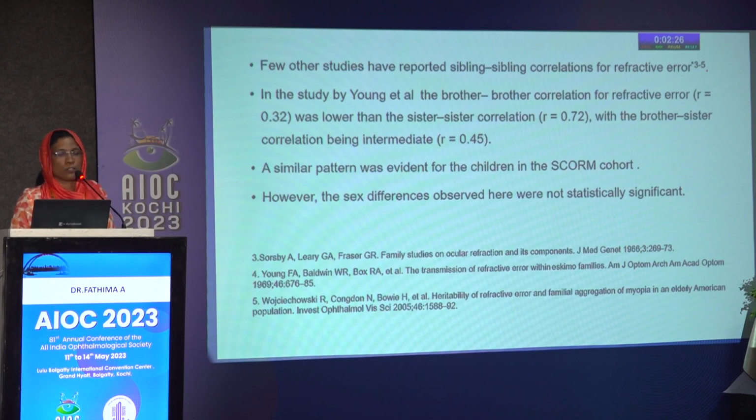Few other studies have also reported sibling-sibling correlation for refractive error. The study by Young et al., which looked at gender-wise data, found that brother-brother correlation was lower than sister-sister correlation. A similar pattern was evident in a Singapore-based study also, but that was not statistically significant.